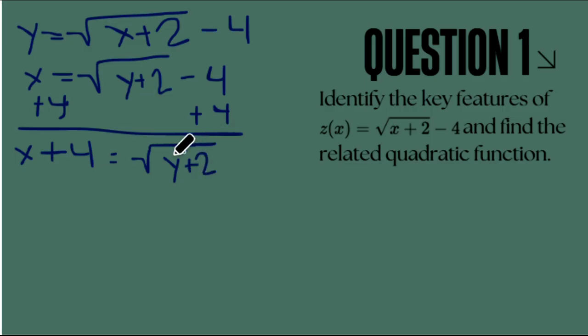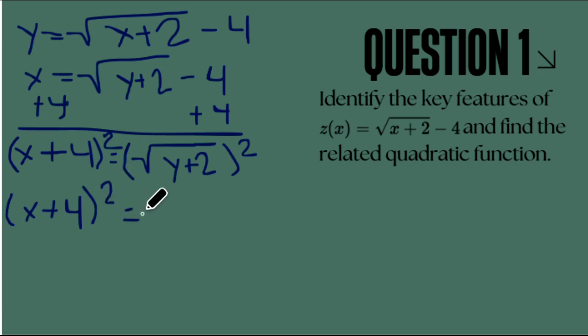Okay? Now we need to get rid of that square root. So this side is going to get squared. And this side is going to get squared. Okay, so we're not going to actually distribute this out. We want to leave it like this. Don't get tripped up there. So we're just going to leave it x plus 4 squared is equal to y plus 2.